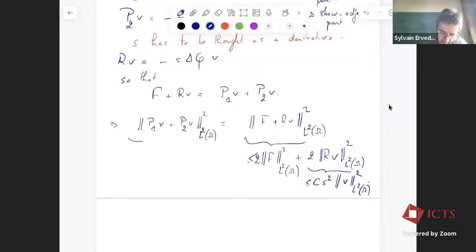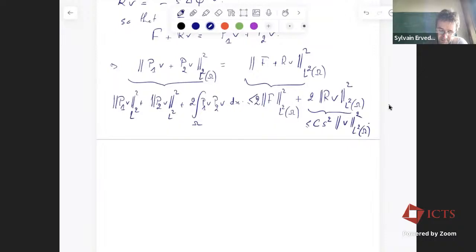For the rest here, what you write is that it is P1V square plus P2V square plus, of course, some cross product, 2P1V, P2V in omega. Okay? And the hope is that the cross product will be mainly positive.